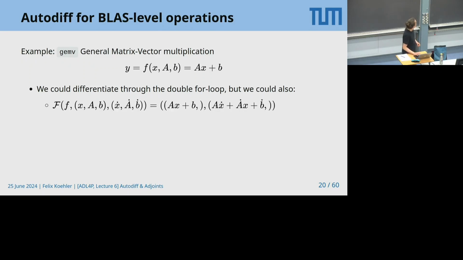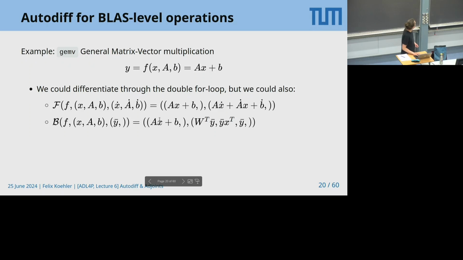So they say the push forward for this matrix vector multiplication is given by, well, push forward always computes the primal, so this is just a matrix vector product, but then it propagates the tangent by saying A x dot plus A dot x plus b dot. Similarly, we can also derive a reverse rule for matrix vector multiplication.